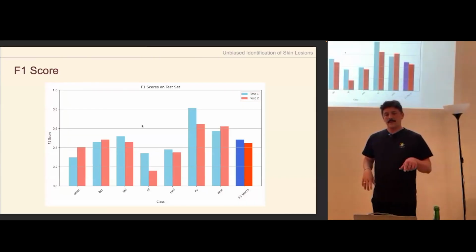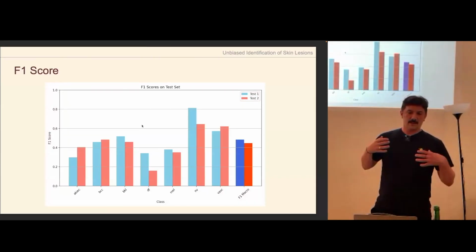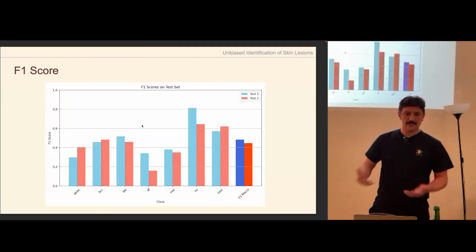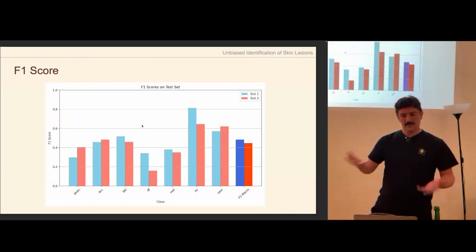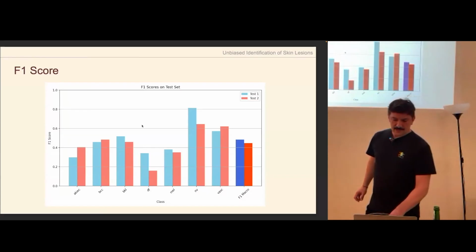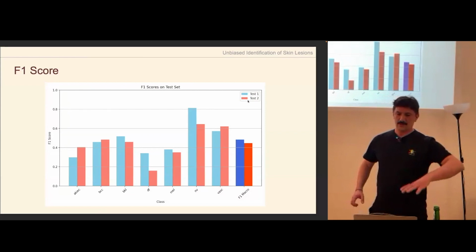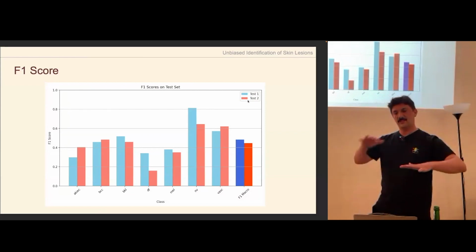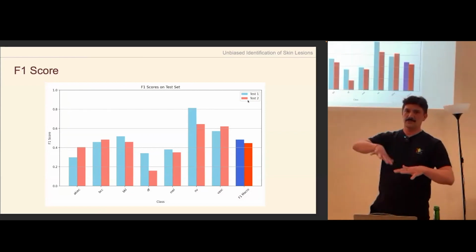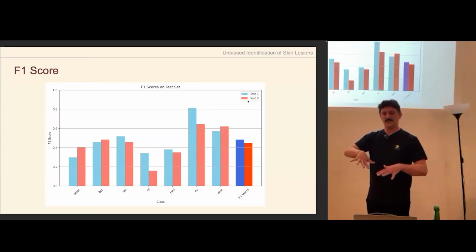The F1 score is another metric that you can use in order to assess a model, which somehow combines precision and recall. And this I then used in order to compare test 1 and test 2. Remember, test 1 is where I only use natural images, and test 2 is where I additionally put the neural style transfer images in.